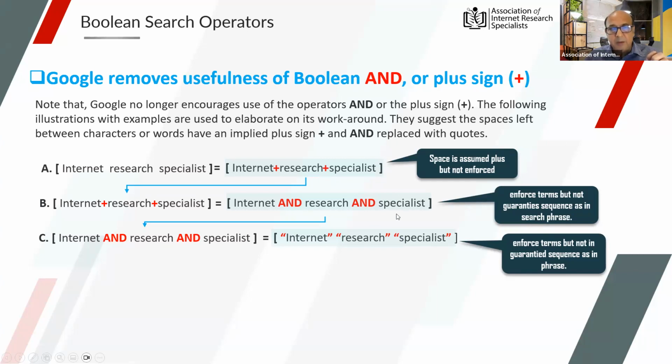I just explained how the three words would be present, but not necessarily in the same order. So basically, what the quotation marks did is emphasize that all of these words have to be present, and that they have to be present on a content page anywhere in the textual context. It could be in the first paragraph, but they will all be there.